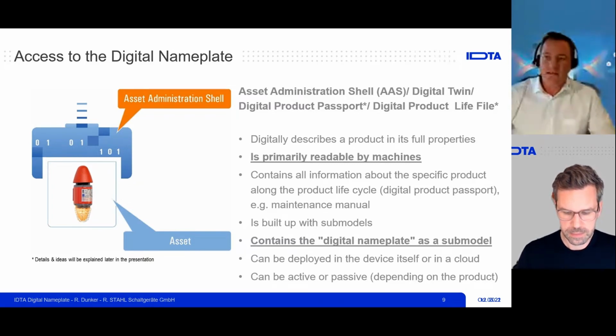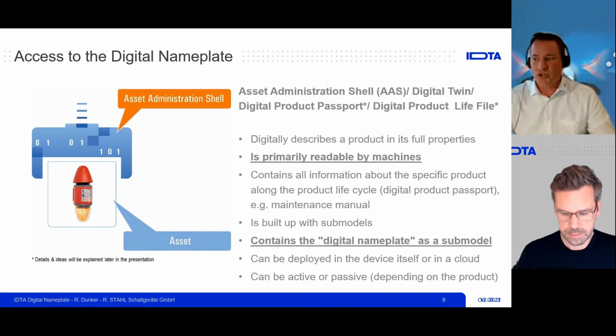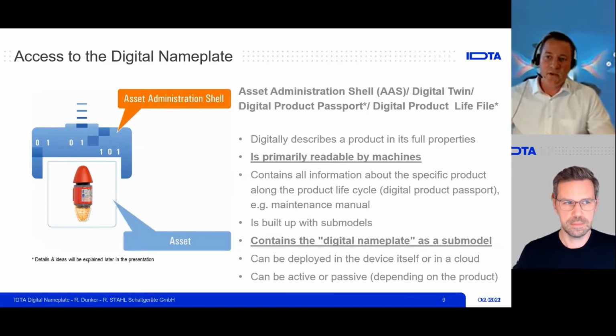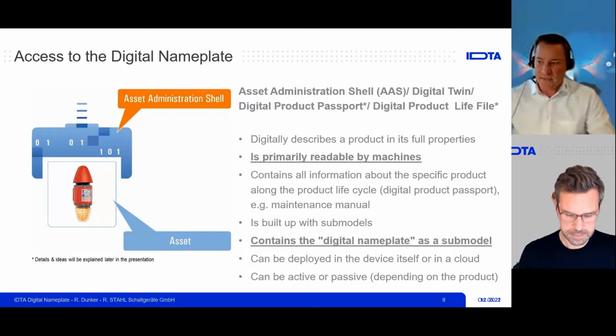And the asset administration shell contains all the information about a product along the entire product lifecycle. So it's the right place to gather all the information through the entire life of a product. And for sure, a part of it is a digital nameplate. So we are talking about this blue area here. It's a whole data model related to a real asset.